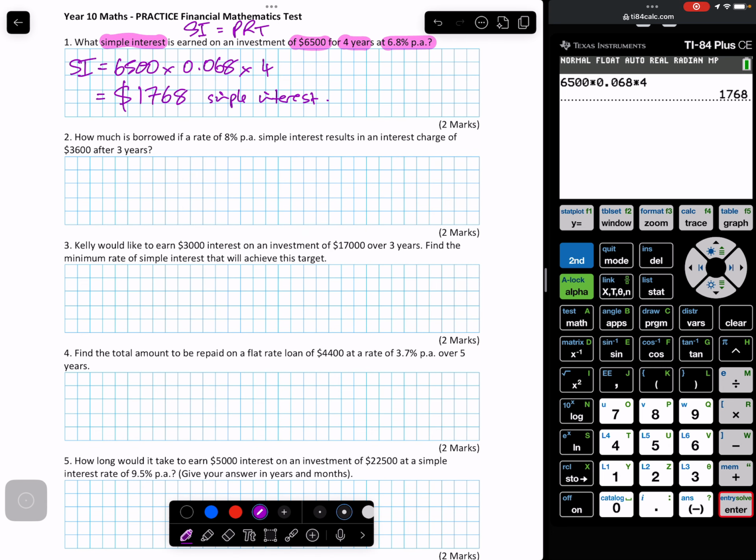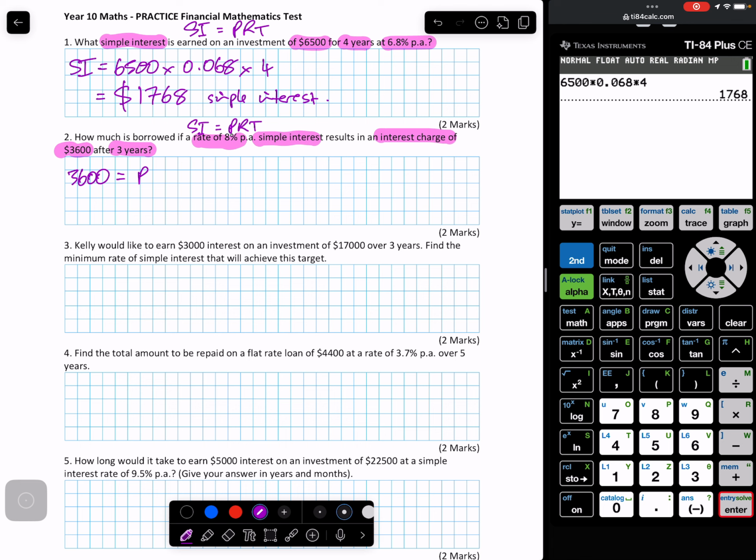Done. How much is borrowed? If a rate of 8.8% per annum, simple interest, gives an interest charge of $3,600 after 3 years. So as soon as it says simple interest, you're using SI equals PRT. But this time, it's asking how much was borrowed, how much the principal was. So we know the interest was $3,600.